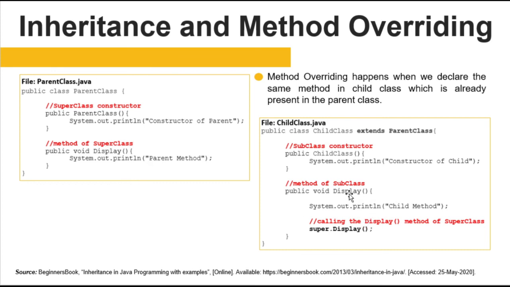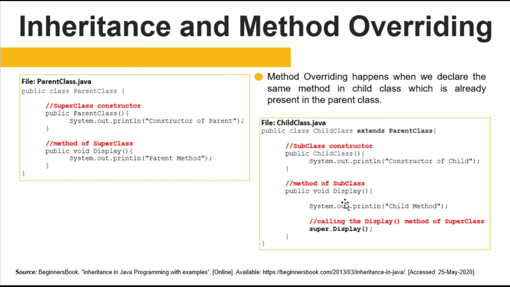So by defining a method name within a child class, the same name with the parent class method, you are doing method overriding, which means when you make an object of the child class and call that display method using the child class object, instead of invoking the display method of the parent class, it will invoke the display method of the child class because you already overridden the method.